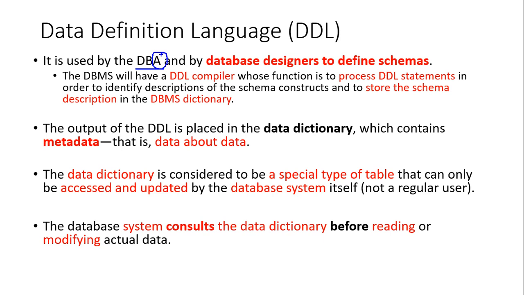For example, we have the principal of this college, an administrator who will control all the activities performed in the college. Similarly, there is a set of persons called database administrators who will decide what structure the database must have, who can access it, and so on and so forth.